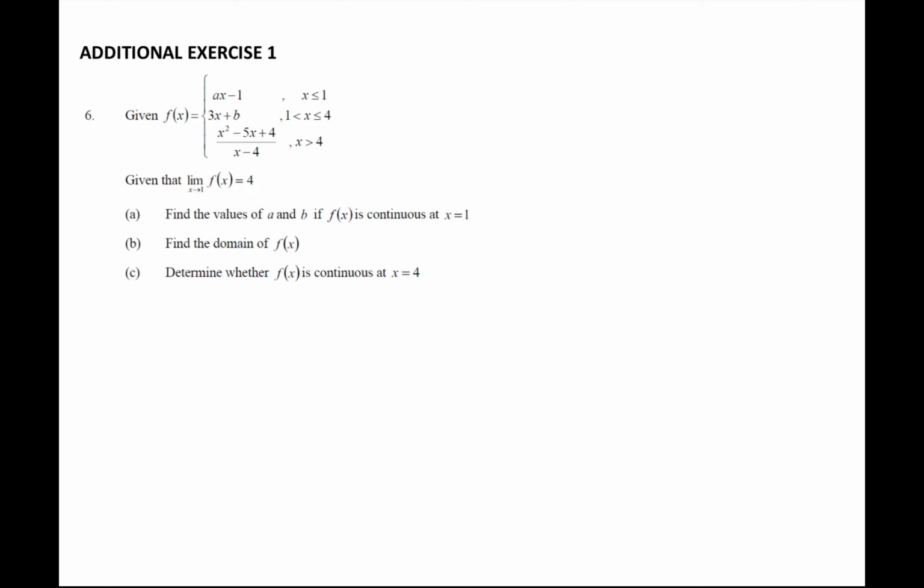Given f(x) in the piecewise function, you have three functions here, and you are given that the limit as x approaches 1 equals 4. This means that the limit as x approaches 1 from the left for f(x) equals the limit as x approaches 1 from the right for f(x), which is equal to 4.